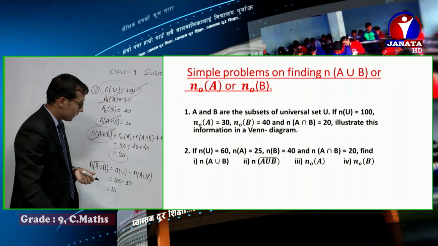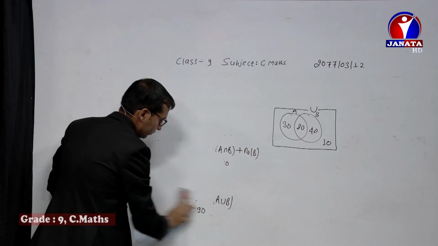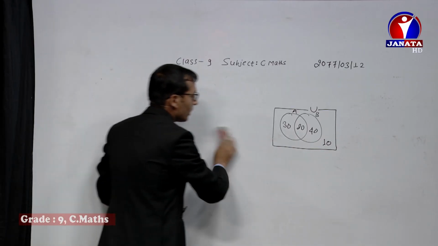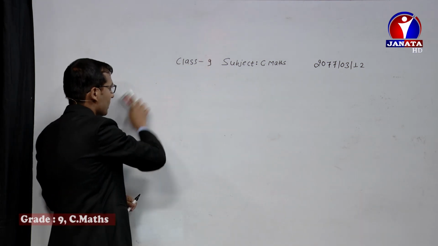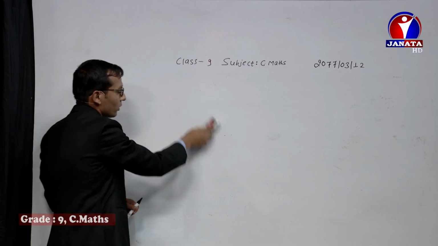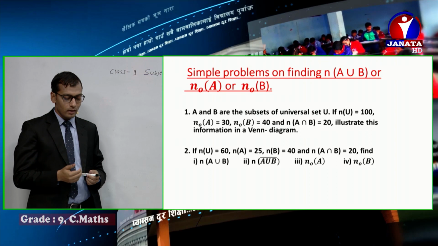Question number 2. This is also a basic question. I am starting from simple questions based on two sets, and in grade 9 we will be discussing only questions based on two sets.